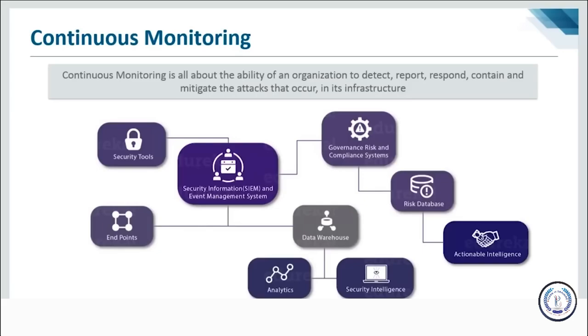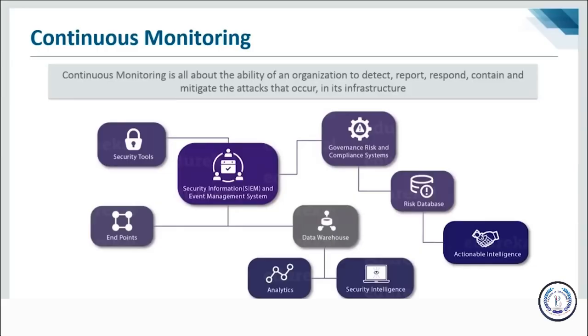So what is continuous monitoring? It is all about the ability of an organization to detect, report, respond, contain, and mitigate the attacks that occur on its infrastructure or on the software. So basically, we have to monitor the events on an ongoing basis and determine what level of risk we are experiencing. So if I have to summarize continuous monitoring in one definition, I will say it is the integration of an organization's security tools.